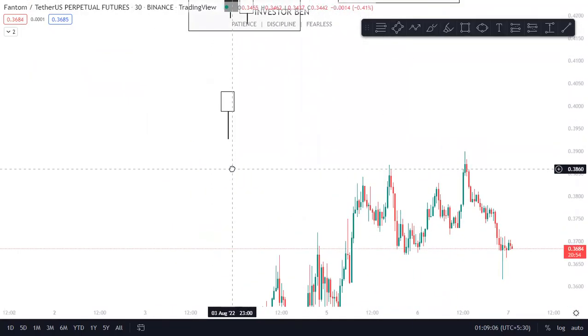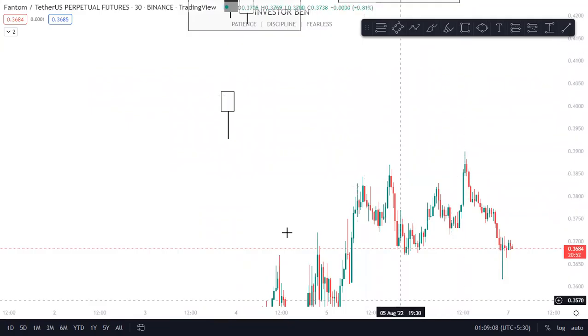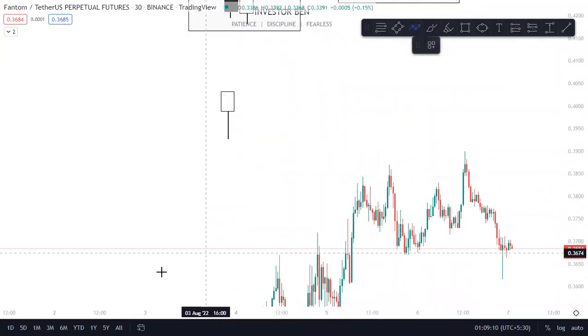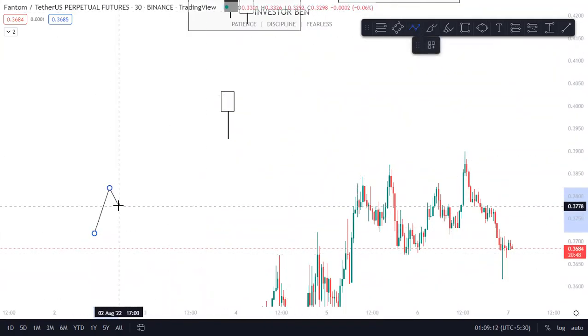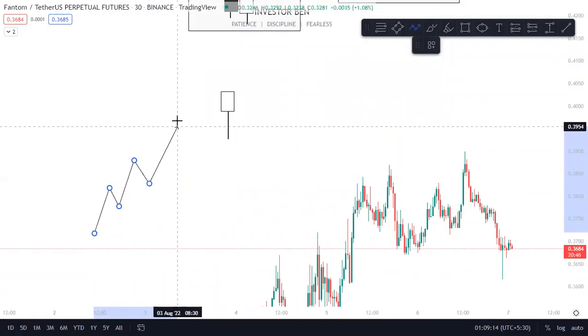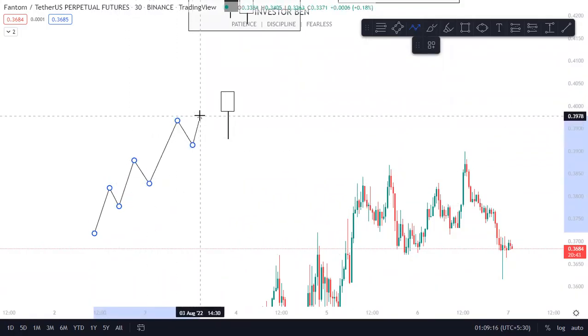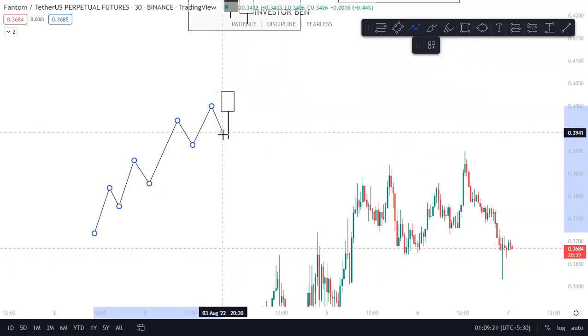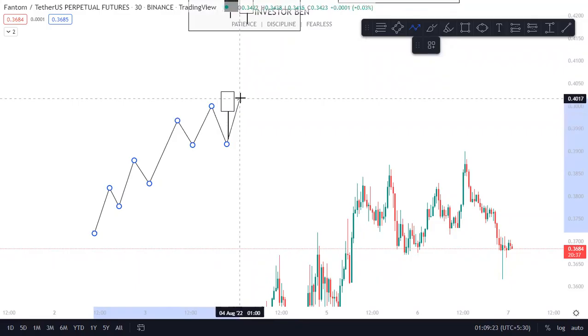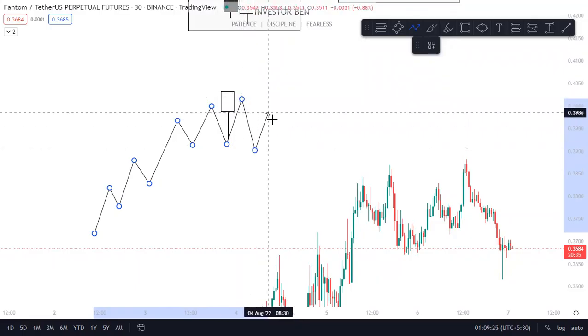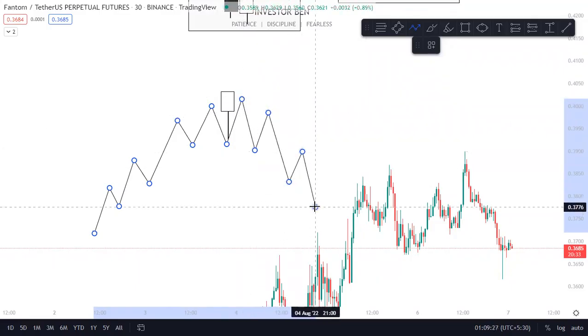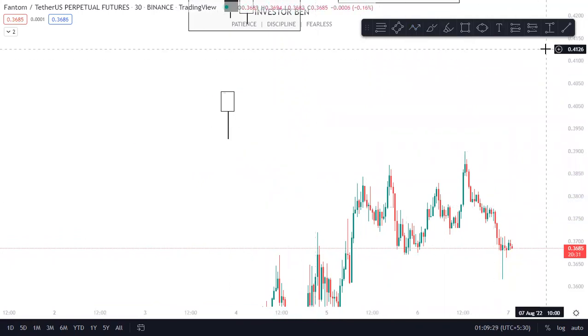Let's say price is coming from a demand zone. When it wants to fall, a hanging man pattern forms, and that signifies a sell in the market, and price starts changing direction. The opposite of the hanging man is the hammer pattern.